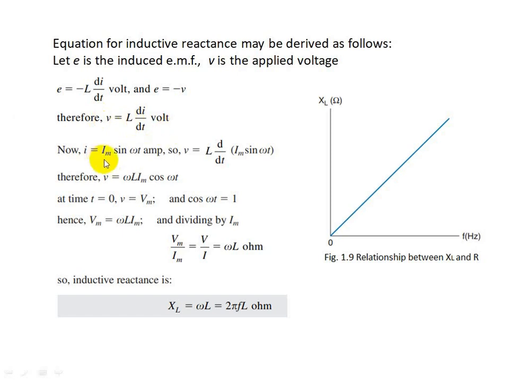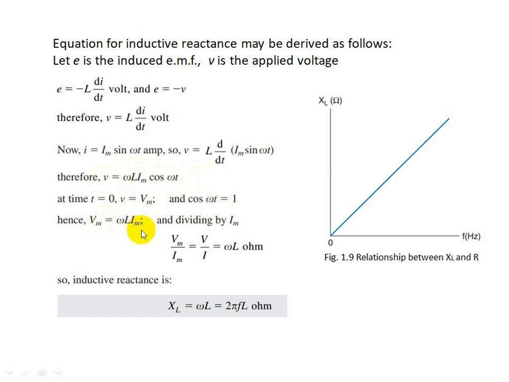Now substitute i equal to Im sin omega t and differentiate with respect to t. You get the equation for V as omega L Im cos omega t. This value becomes maximum when cos omega t equal to 1. So when cos omega t equal to 1, the voltage becomes V maximum. Therefore Vm is omega L Im.